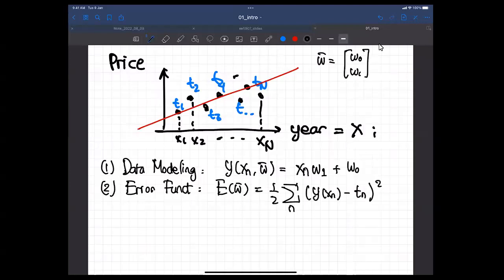Any questions so far? And the third step is the same again, it's optimization. In this optimization, we want to have a w bar star that minimizes E(w bar).